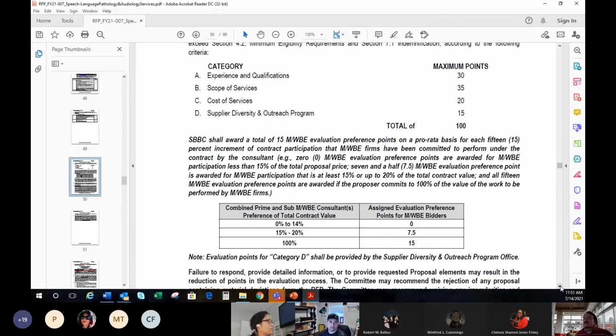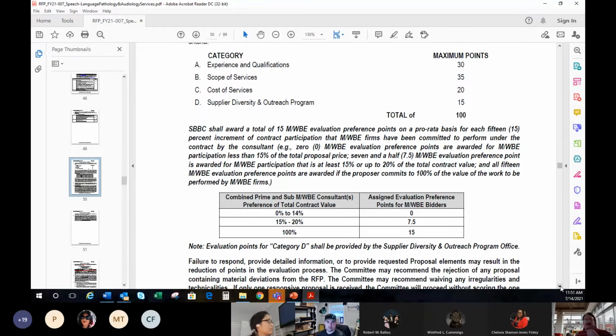The two sections that are evaluated by the committee are experience and qualification and scope of services. They show the maximum points here that are assigned to each category. The number of committee members depends on the proposal, and that's usually determined by the user department.